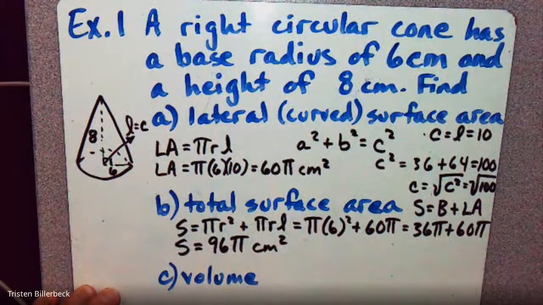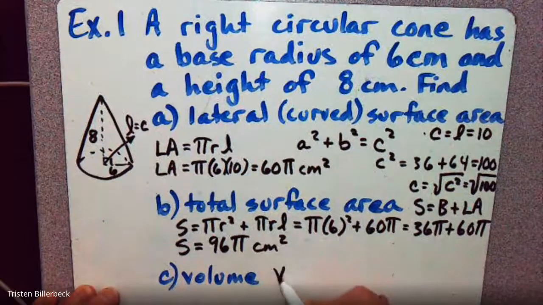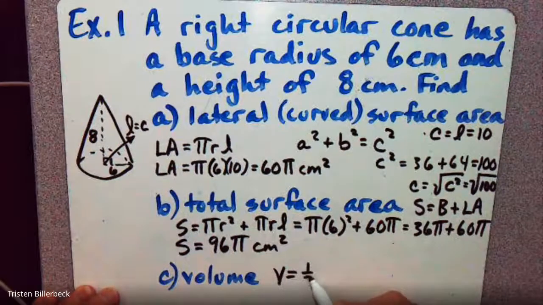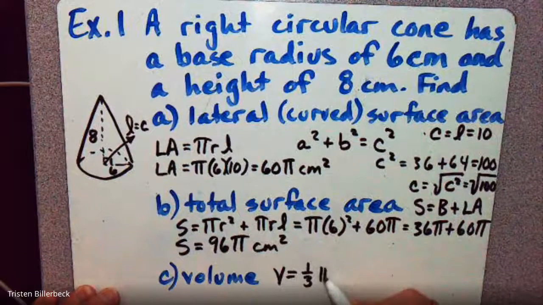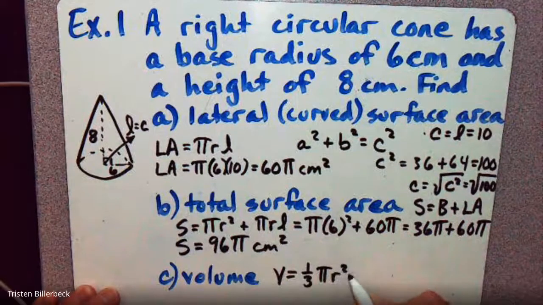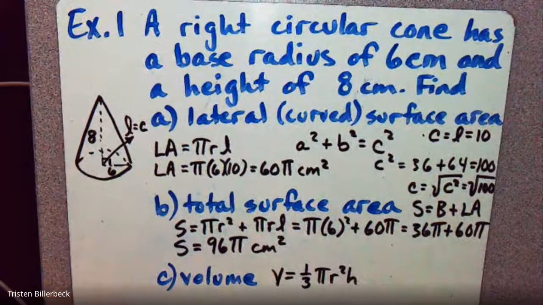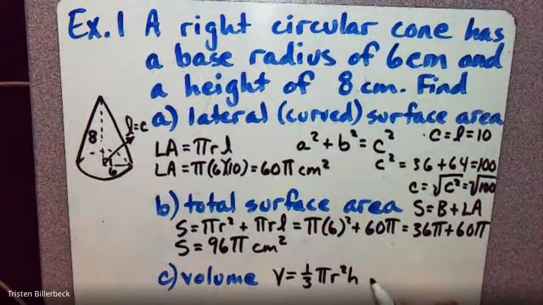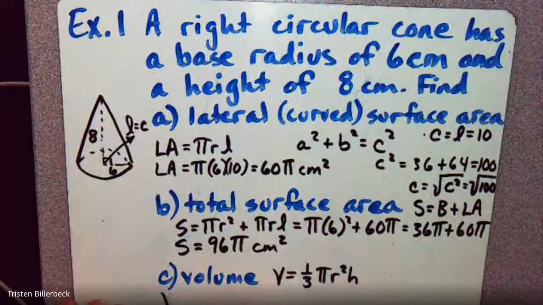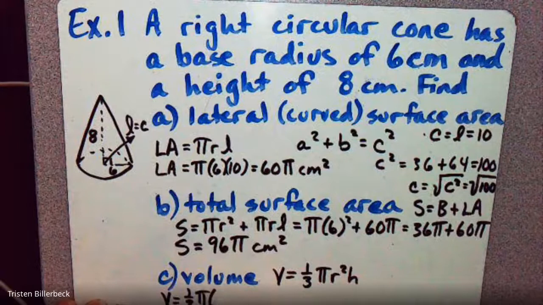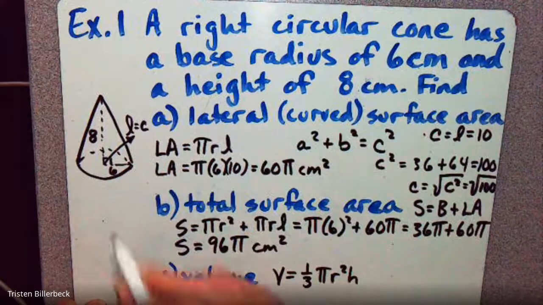Okay, well, volume is much easier, so we just write volume equals 1/3 pi r squared, so the area of the base times the height. Okay, so in this case, we have volume equals 1/3 pi. We have r squared, which is 36, or 6 squared, and the height is 8.